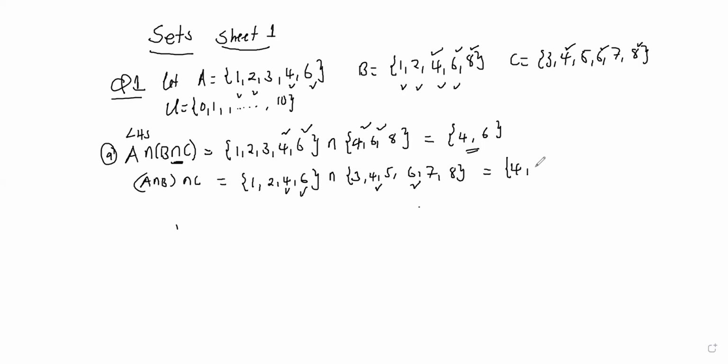Only 4 and 6. So that means that we have verified that A intersection B intersection C is equal to A intersection B intersection C. So that's how it's coming out.